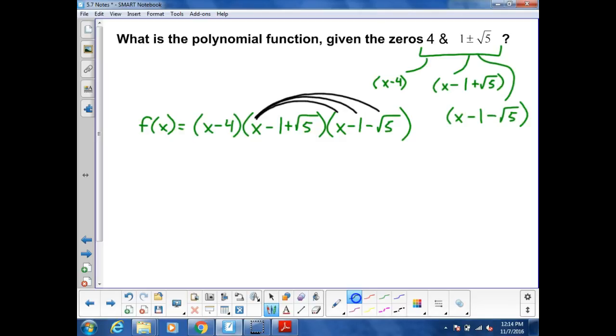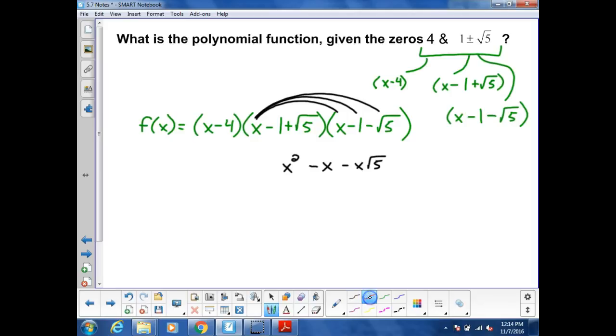Okay, so then I get x squared minus x minus x times the square root of 5, correct? Okay.